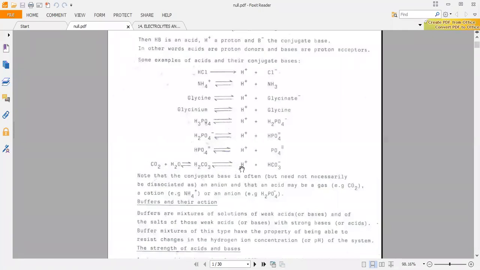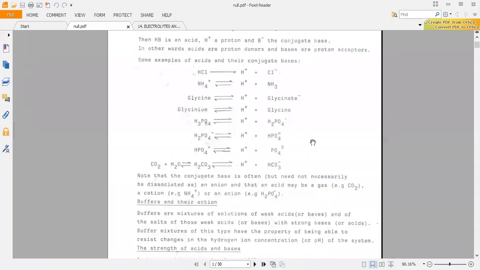This can also break down to form H plus and HCO3 minus. Now remember that H2CO3 is a weak acid. Therefore, its conjugate base HCO3 minus is a very strong base. We'll look at them.